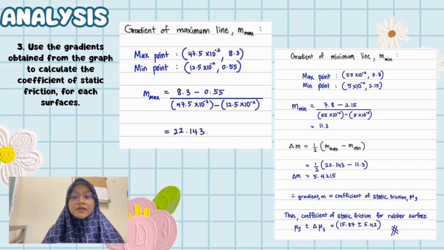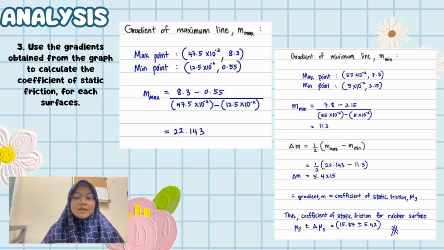Now we are going to find the gradient of the maximum line. So first we have to find the maximum point and minimum point of the maximum line. The maximum point that we take is 47.5 times 10 to the power of negative 2 and 8.3. And for the minimum point, we take 12.5 times 10 to the power of negative 2 and 0.55.